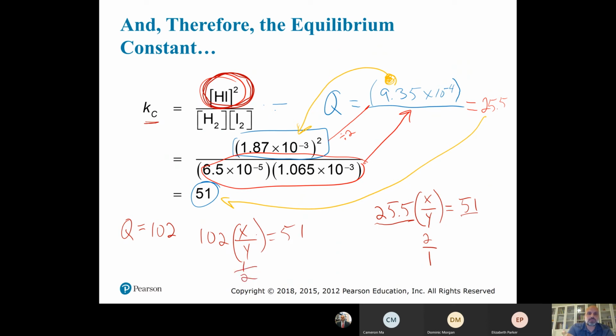That means you'd have to increase your denominator, which are your reactants in this case, in order to drive the reaction towards completion. Does that answer your question? Yeah, it does. Thanks. Yep. Other questions?